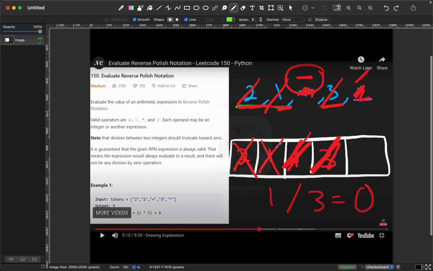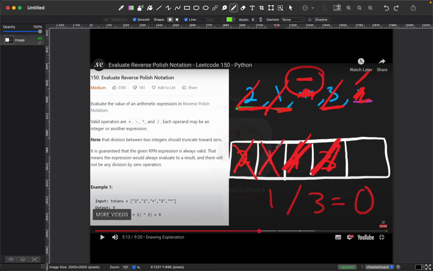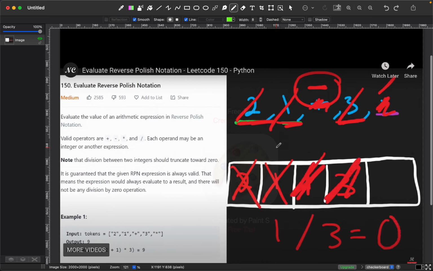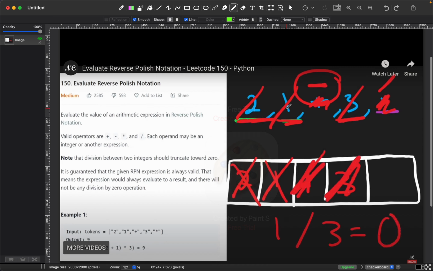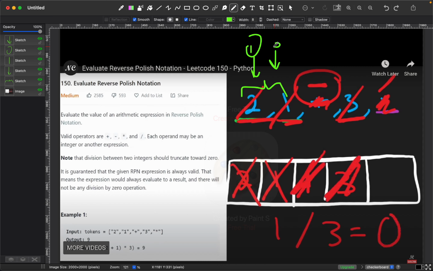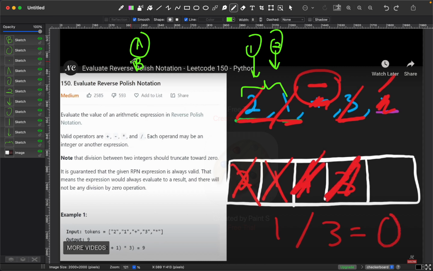So you first have a 2 and a 1, and then this negative, and it's the interaction between these two items, and you always interact with this one first, followed by this one. So you have sort of like a stage A and a stage B situation that's going on over here.